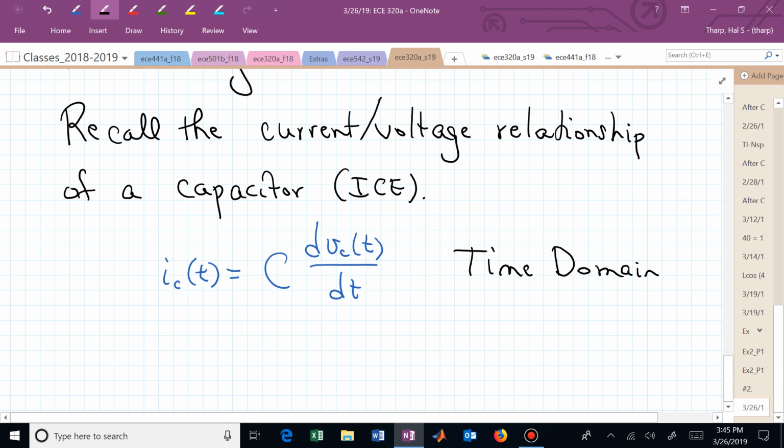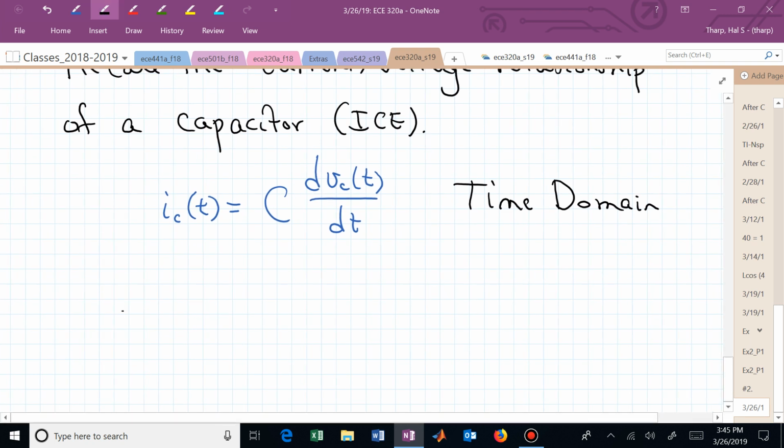That's the time rate of change of the voltage across that capacitor influences, or is proportional to, the current induced in that capacitor. And the relationship between those in the time domain, well, yeah, there's a capacitor.